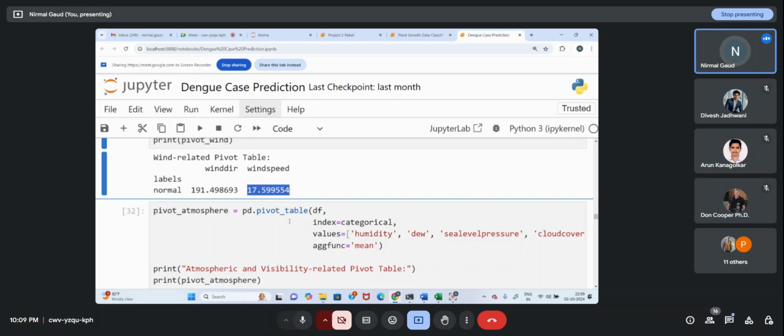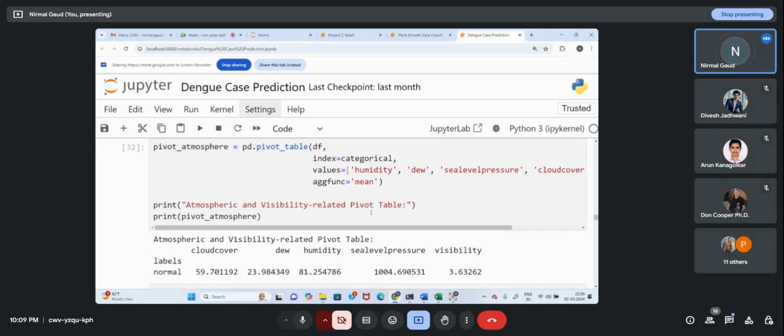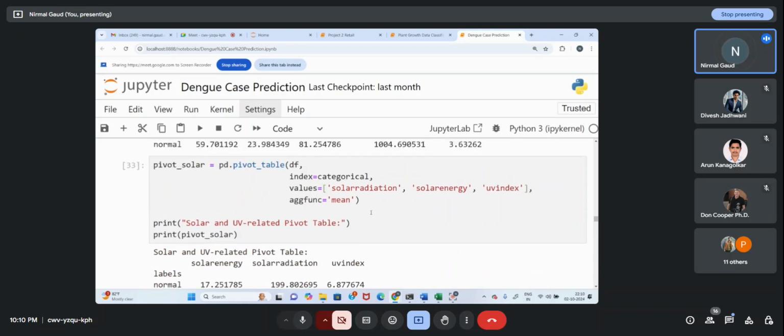So like this, now you can make the pivot table for getting the insights over the data. Okay, categorical against the numerical values by picking the aggregate functions mean, max, min, sum, etc. You can do that. So I made this pivot table.